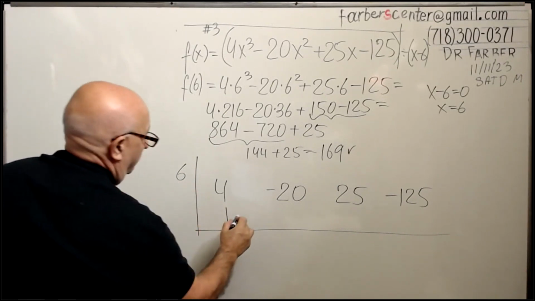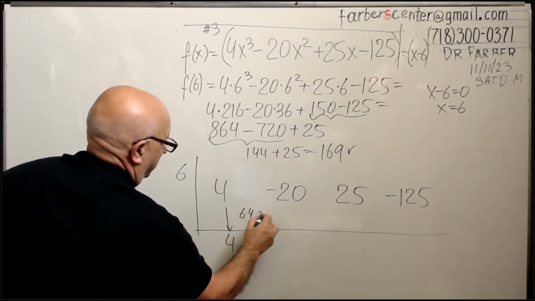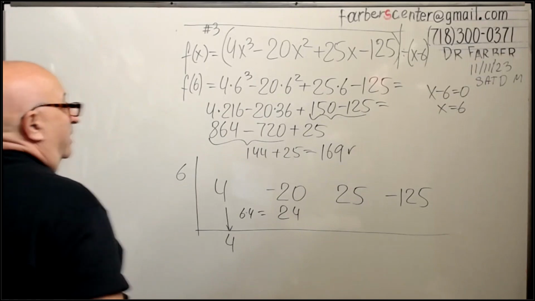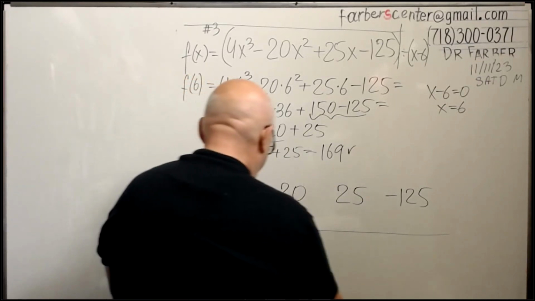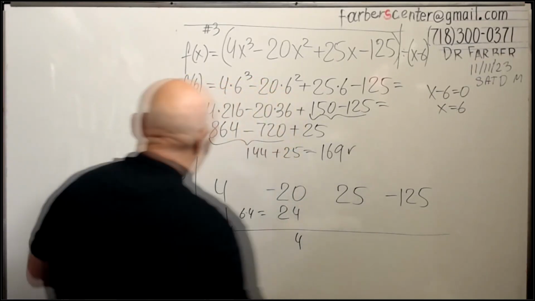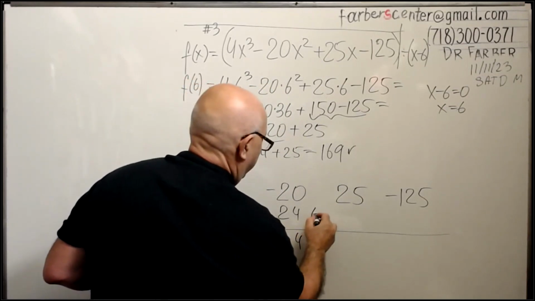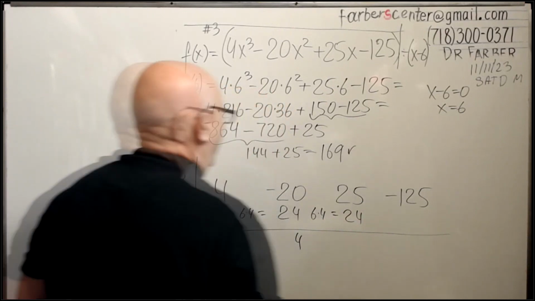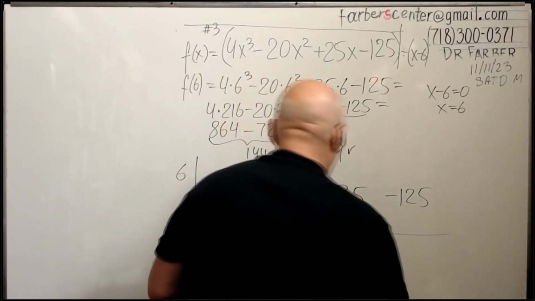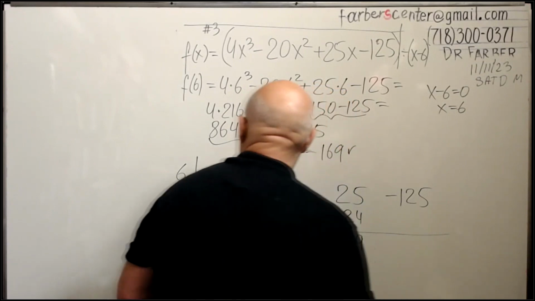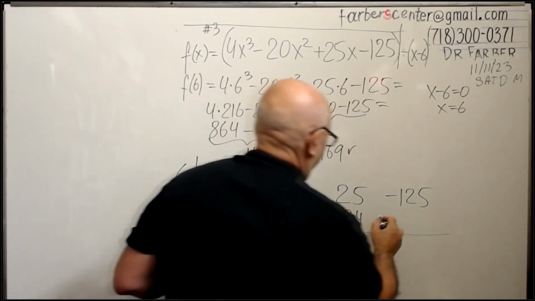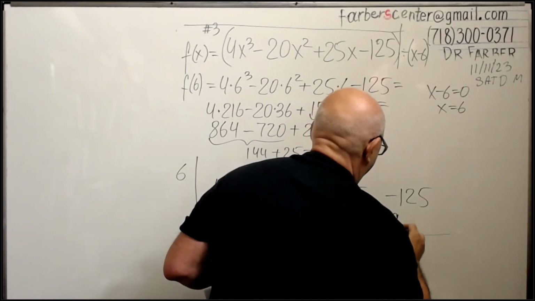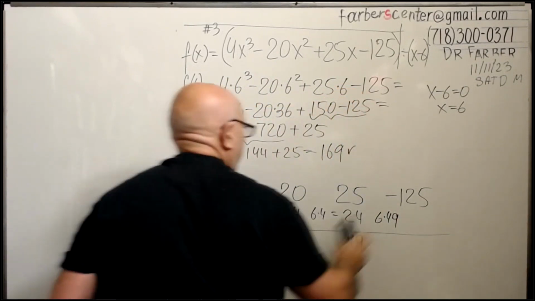6 times 4, 24. Line up. Negative 20 plus 24 is 4. 6 times 4, 24. 25 plus 24 is 49. 6 times 49, and a little bit more room.